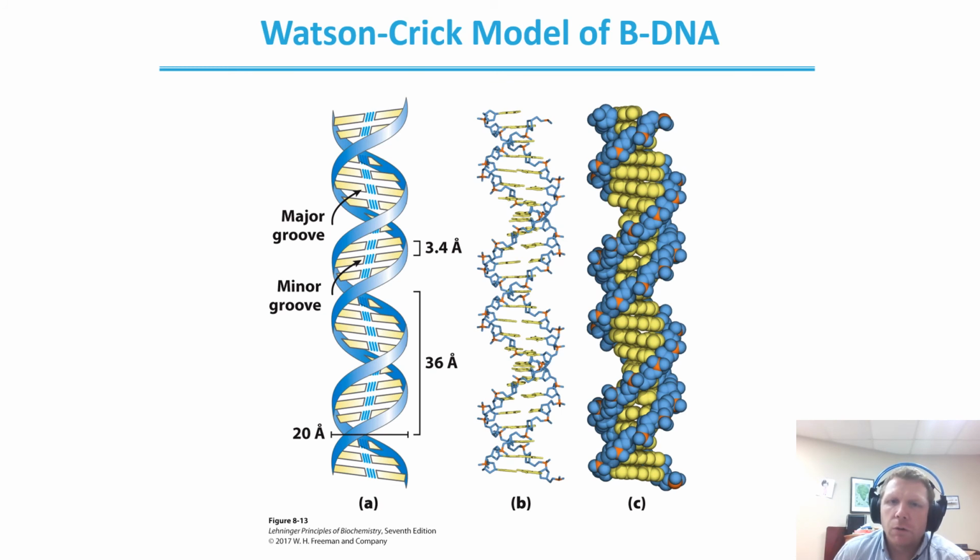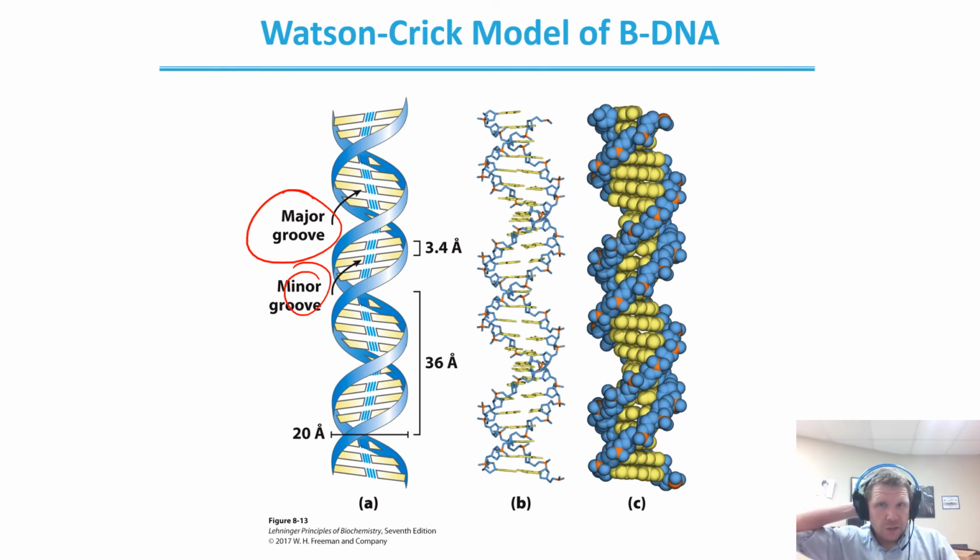Now, the Watson and Crick model of B-DNA is the predominant form of DNA, and here are some of the features about it. First of all, the structural features known as a major and minor groove. It's tough to tell from a 2-dimensional image, but these are basically spaces within a double helix which something like a protein can gain access to.